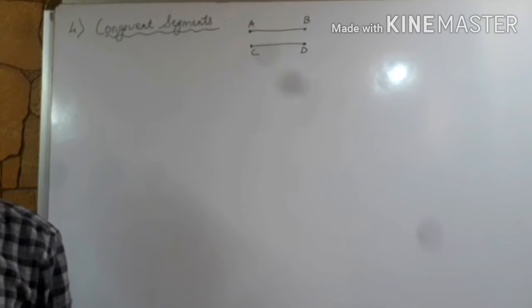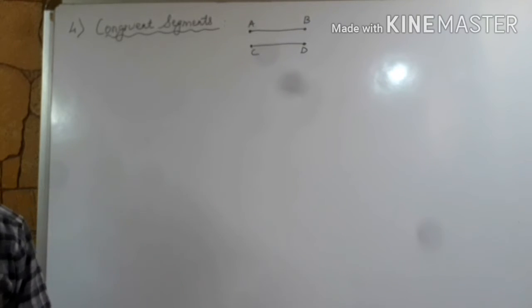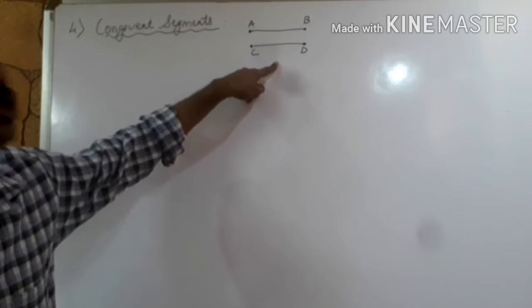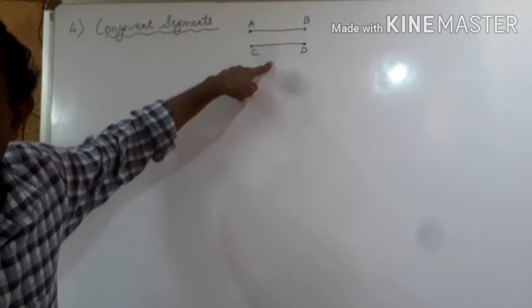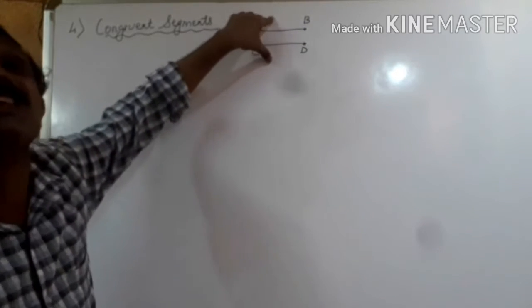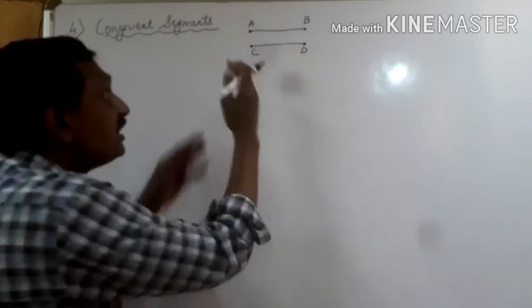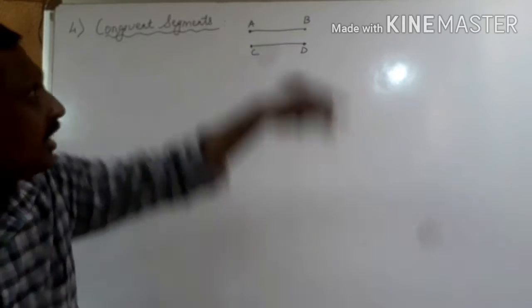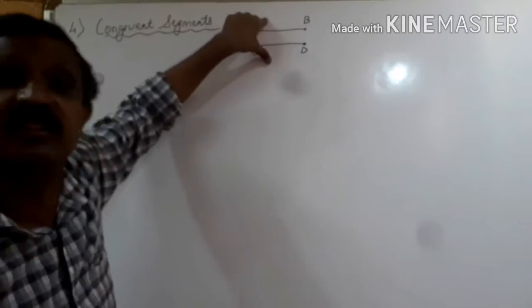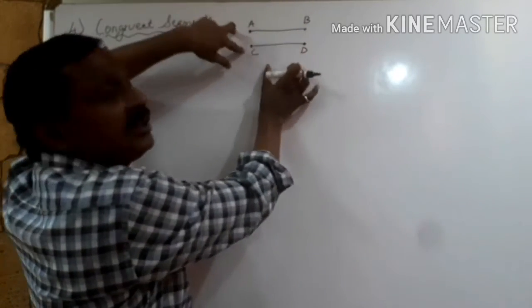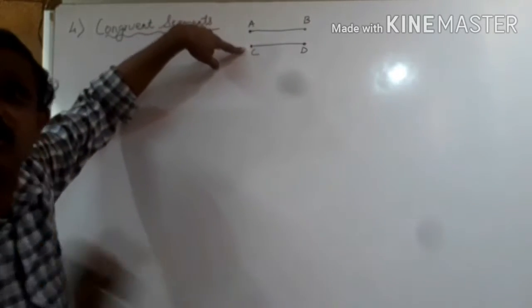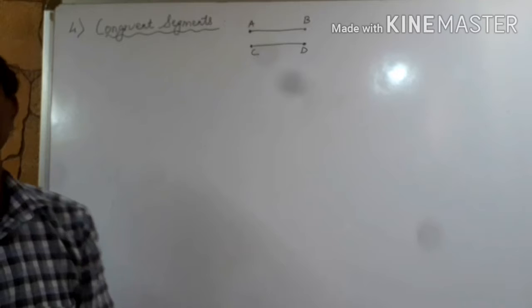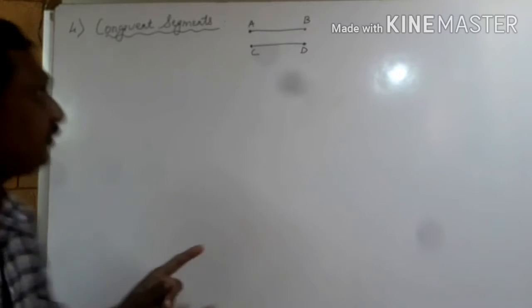So we have two segments. If the length of two segments is equal, then the two segments are said to be congruent. Suppose this is 5 cm, then this also is 5 cm; we say both the segments are congruent.